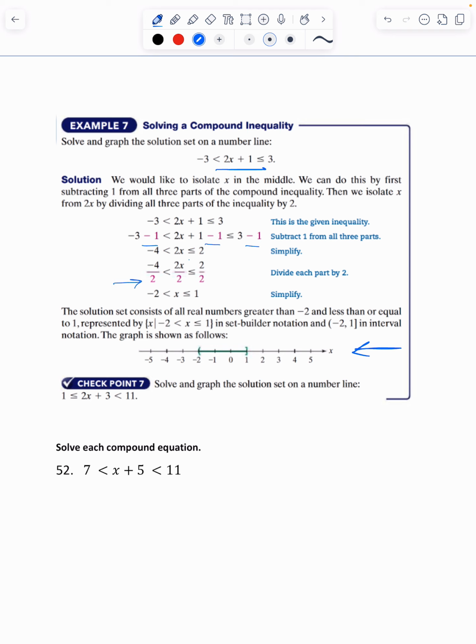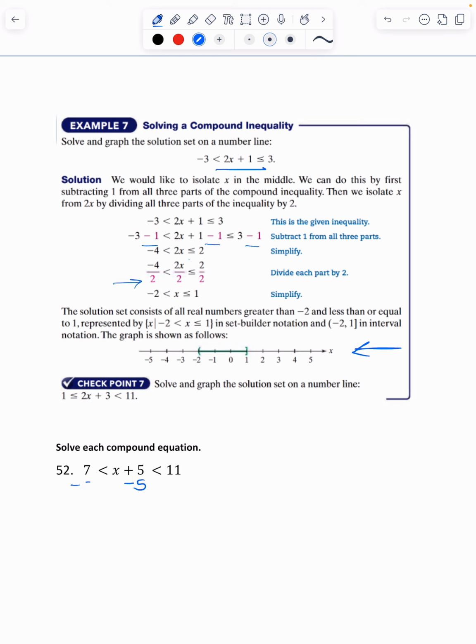So if I was solving 52, it says solve the compound inequality. So I look in the middle part and I look to see what I would do to solve for x. So to solve for x, if I have x plus 5, I'm going to subtract 5.